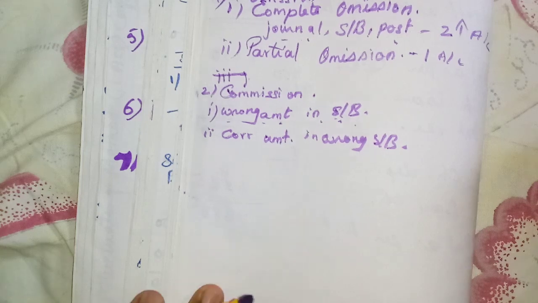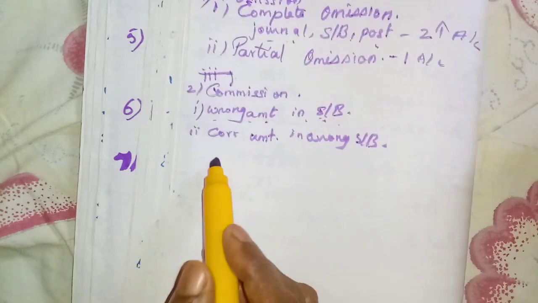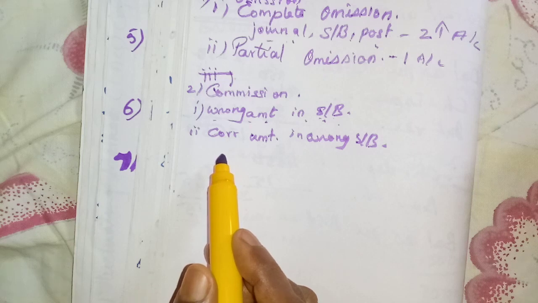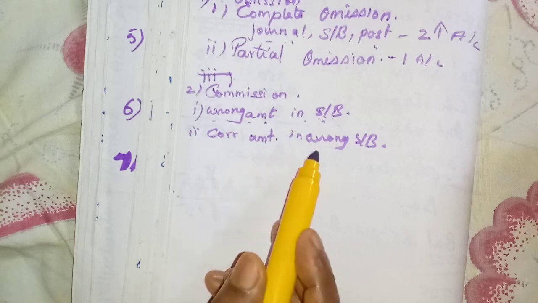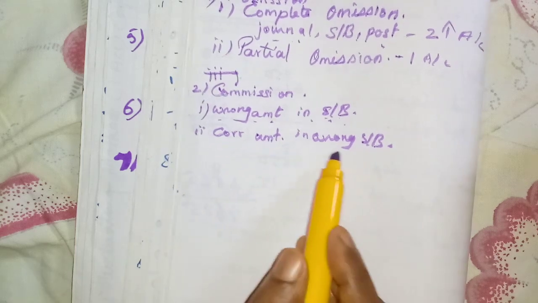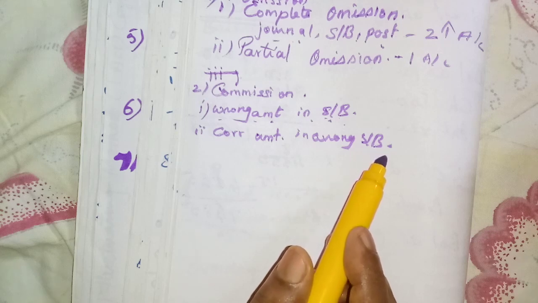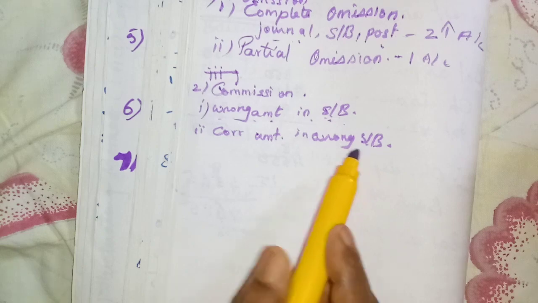For example, they might have purchased goods from a supplier, but the same name will be there for customers, so they may post in the customer's account. The correct amount is posted, but in the wrong subsidiary book. Purchases may be entered in the sales book.